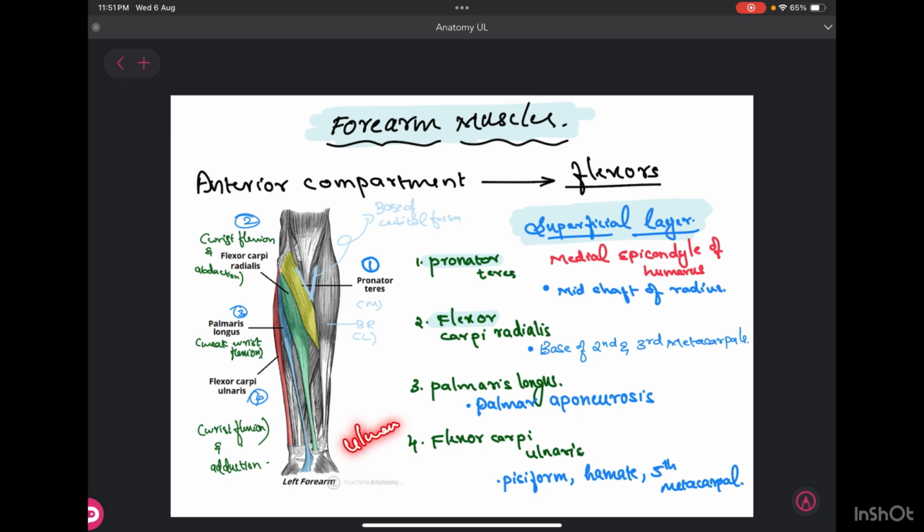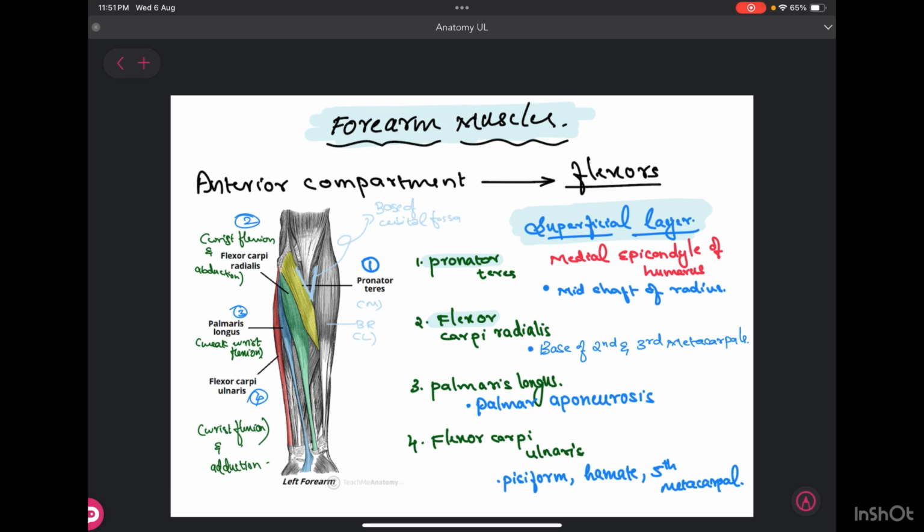Then ulnaris, the ulnar nerve and the little finger all come in one line, on the medial side. Is that clear? So you can relate it and write the origin and insertion on your own. Just don't learn by heart, it won't stay so long. Just think and write.